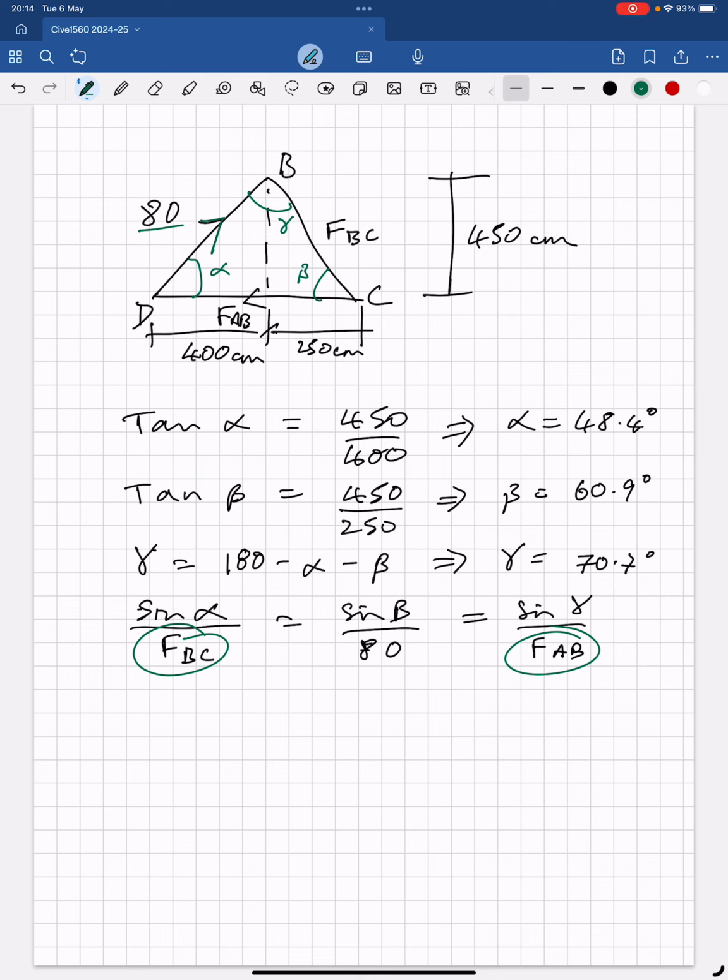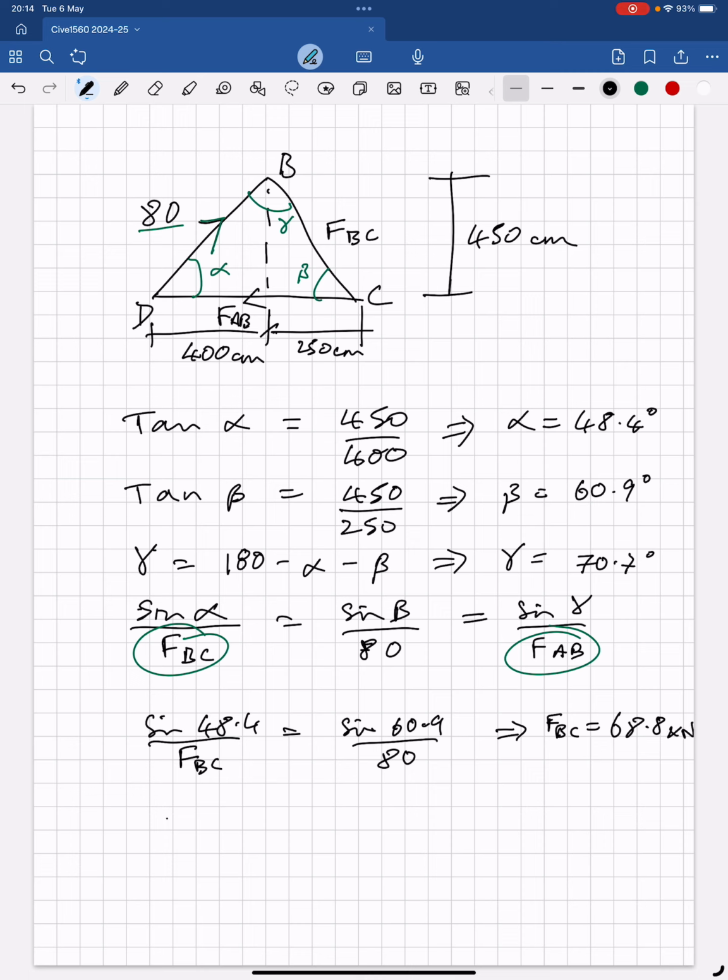So let's write it out as we have there. Sine alpha, which is 48.4, over FBC is equal to sine beta, 60.9, over 80, which leads to FBC equals 68.8 kilonewtons.